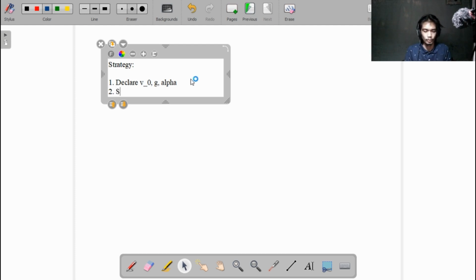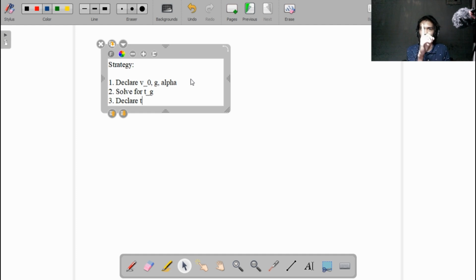Next, solve for t of g. And then number 3, declare t. So yung answer kasi dun sa t of g is iisa lang ang value niya. I need to spread it out into multiple number of entries.